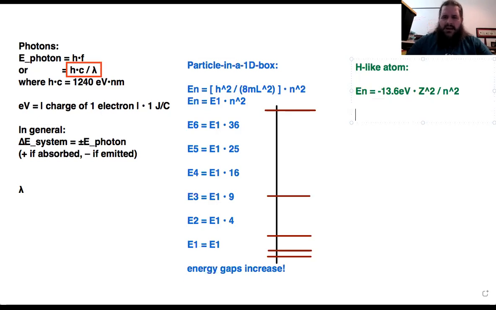Meaning, if we calculate some of these, E1 is going to be negative 13.6 times Z squared. And then E2, the next one up the scale, is going to be that divided by 2 squared, so that'll be the same E1 divided by 4.